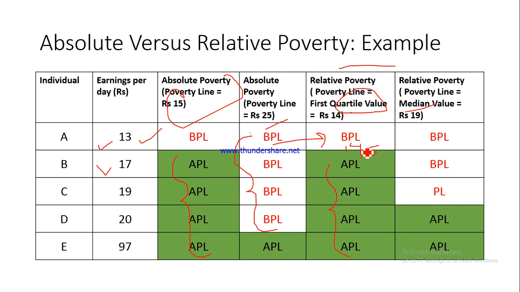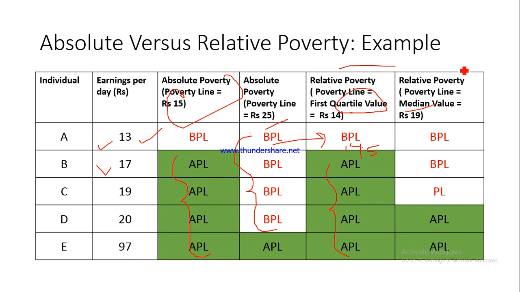This is just a figure that I am giving you just to make you understand things. So it may not correspond to reality. Now please understand, supposing if the first quartile value is 14.5, so all those who are earning less than 14.5, which means here in this particular example A, would be part of BPL. All those who are earning more than 14.5, example B, C, D and E, they would be part of APL. Fine.